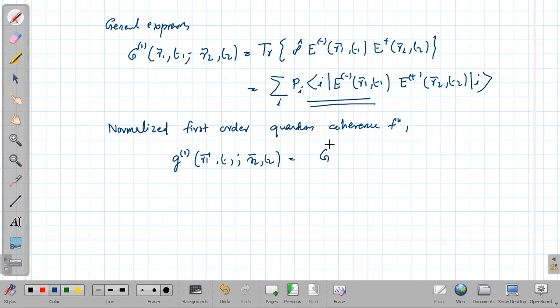That is the quantum coherence function capital G1 (r1,t1; r2,t2) divided by the square root of G1 (r1,t1) G1 (r2,t2).